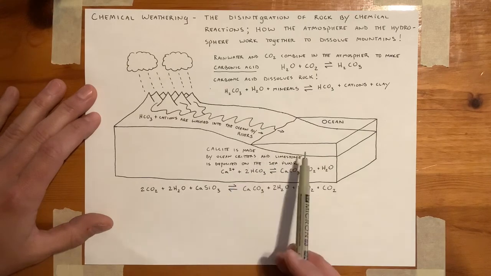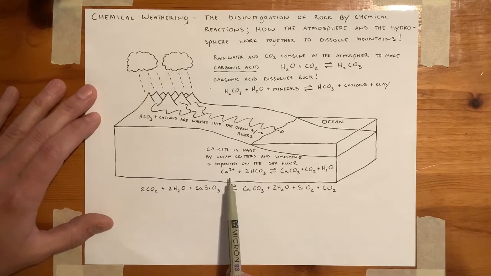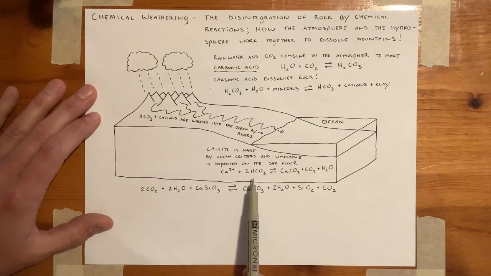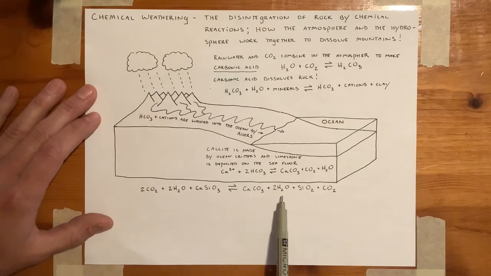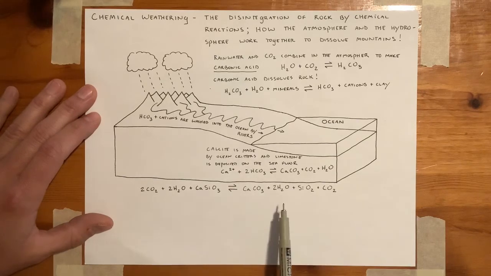Ultimately, it's transported into the rivers, and the released calcium is able to combine with bicarbonate to make calcite, which releases water, forms quartz as well, and releases CO2. So although CO2 is released at the end of this process, this whole reaction actually consumes more CO2 than it releases.